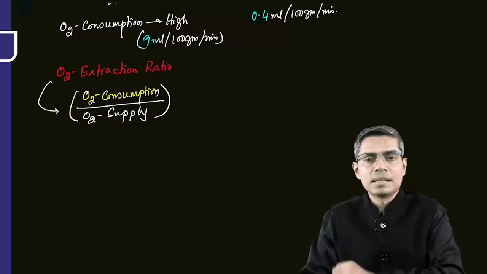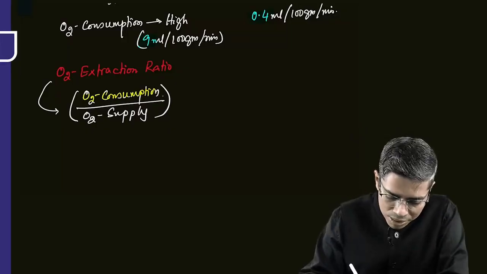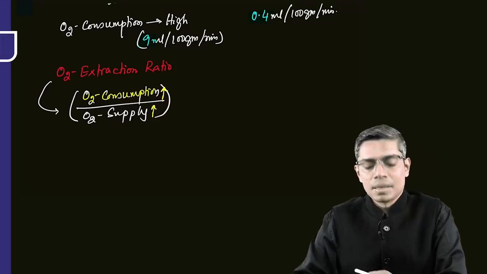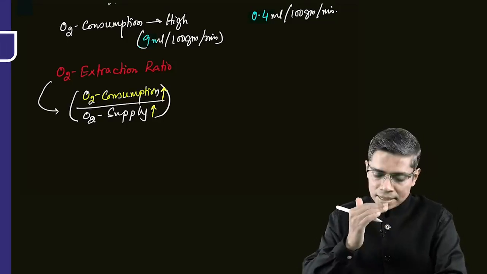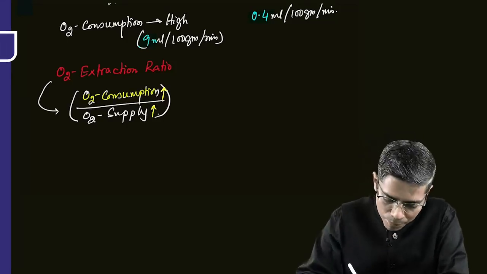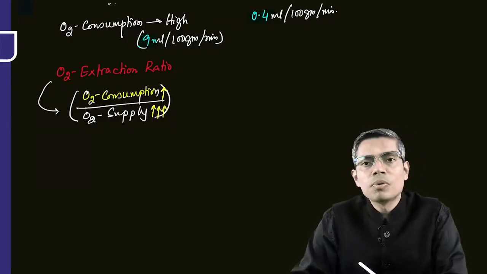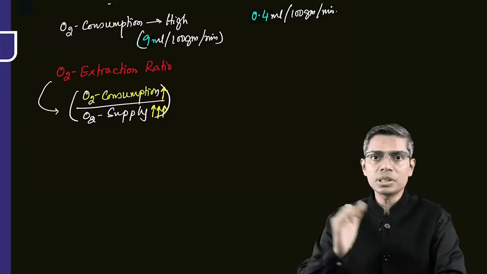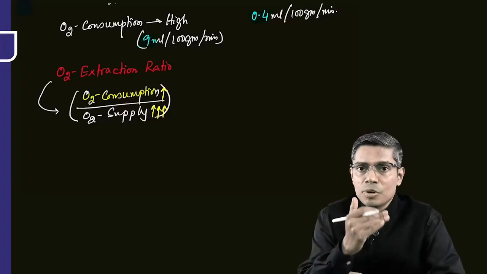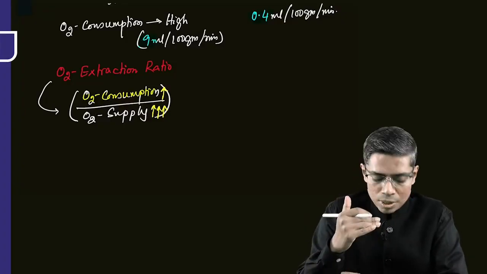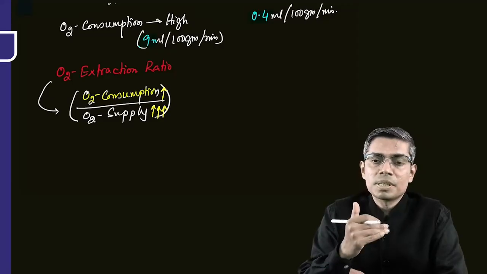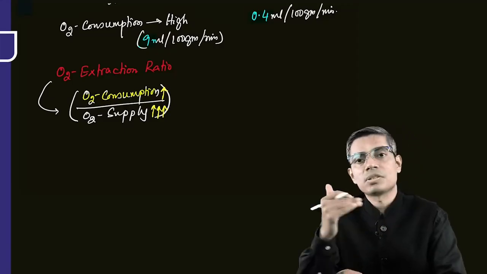In case of cortical nephron, the oxygen consumption is very high. Supply is also very high. But if you look at the numerator and denominator of this ratio, the denominator, that is the oxygen supply, is much higher than the oxygen consumption.